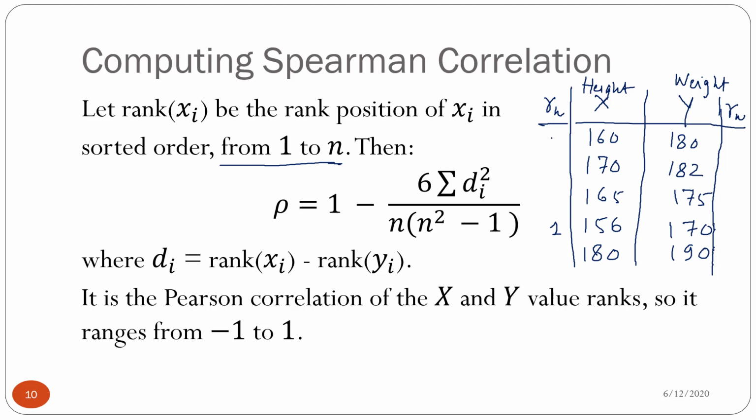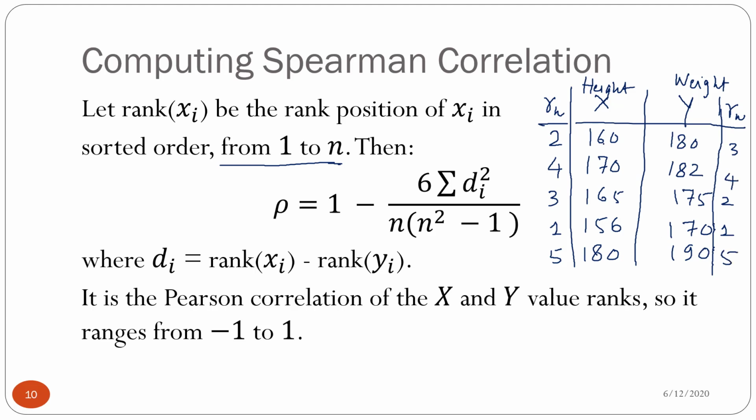Then the next smallest is, I'm doing the ranking for height. For weight I'll do here. Then you have the third value right here, fourth here, and fifth here. So you need to do this ranking first, and let's see what's the smallest. Smallest is right here, 1, and then you have 2, 3, 4, and 5.